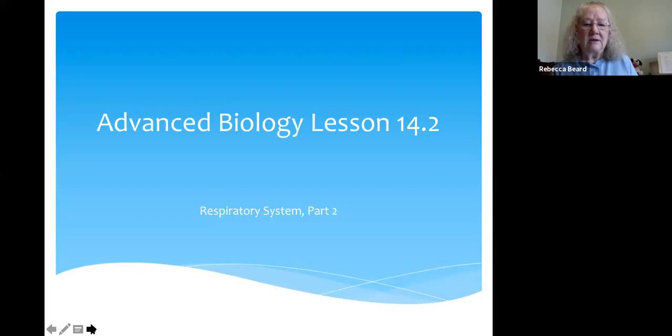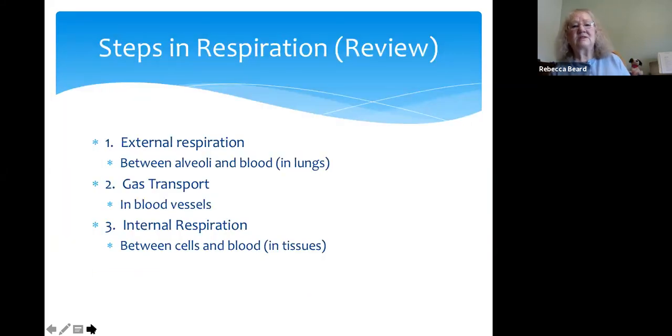And we talked about the stages or steps in respiration. First of all, there's external respiration that occurs between the alveoli and the blood, and this happens in the lungs.